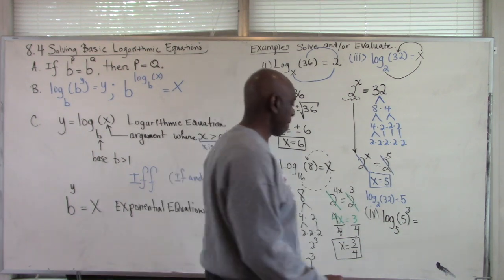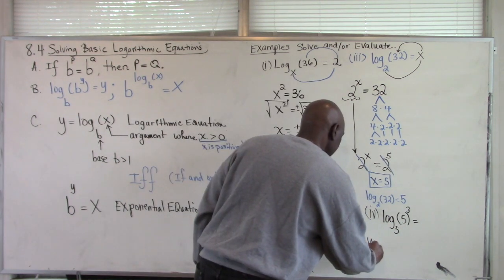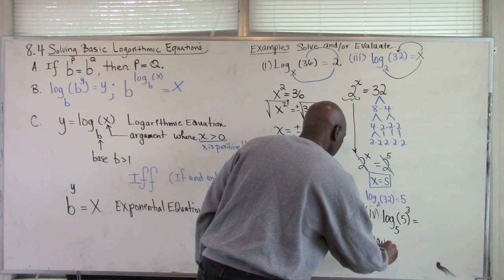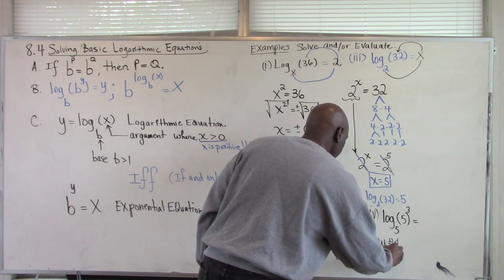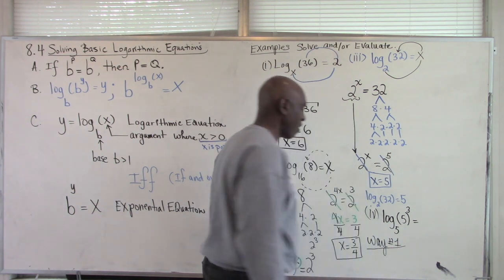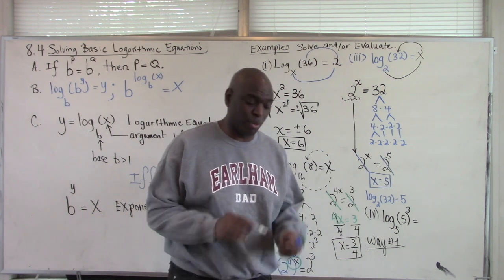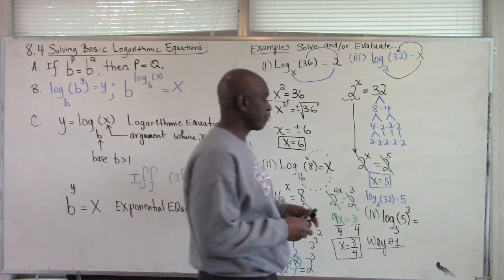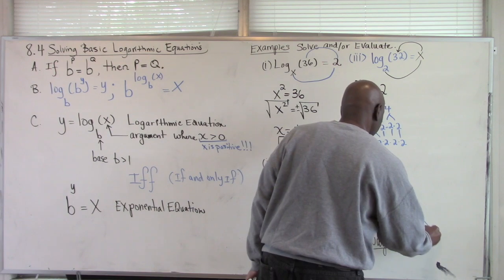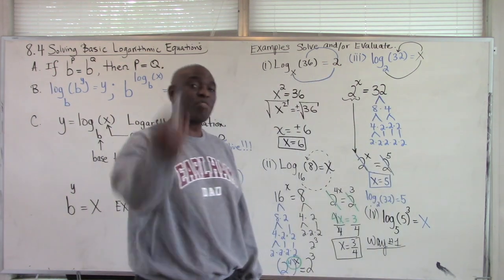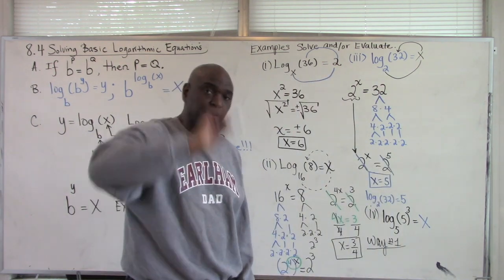There are 2 ways I'm going to show you how to do this one. Way number 1. Put a variable and do wheels on the bus. Put an x. Wheels on the bus. Go around.